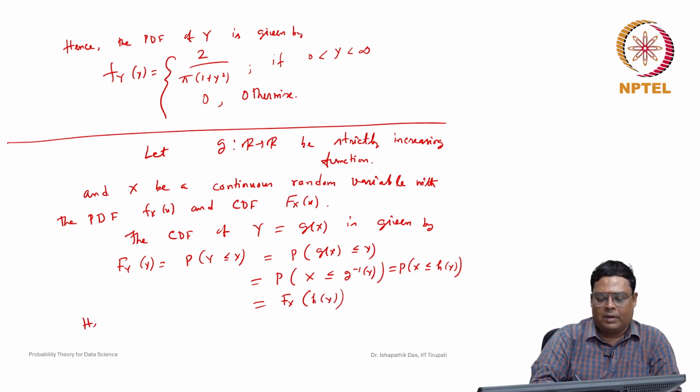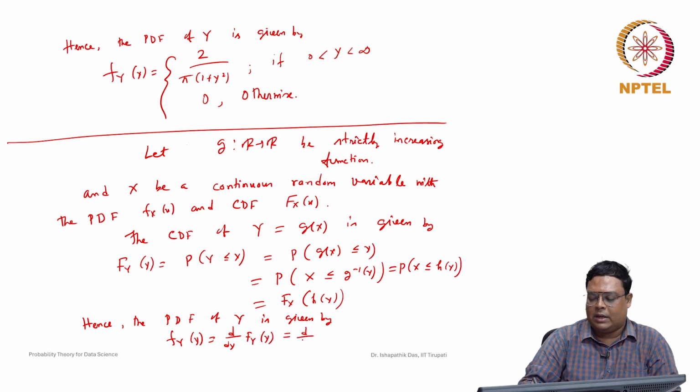Hence from here we can get that the probability density function of Y, small f_Y(y), is nothing but the differentiation of the cumulative distribution function F_Y(y) with respect to y. So it is the differentiation of F_X of h(y).